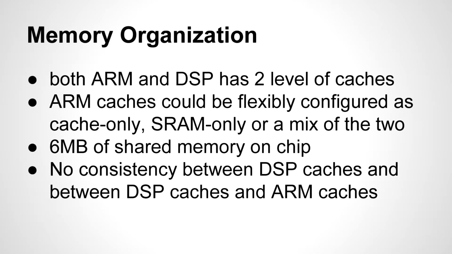So a little bit more on the details. The ARM and the DSP, they both have caches. And I think the next line is supposed to say the DSP caches can be reconfigured as cache, SRAM, or a mix. So I'm pretty sure that slide needs to say DSP. There's 6 megabytes of shared memory, and there's no consistency between the caches, so there's no cache snoops running around to keep things coherent.